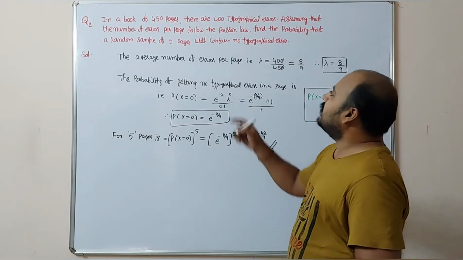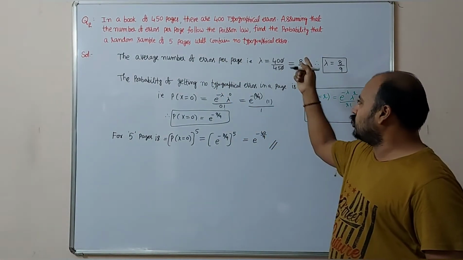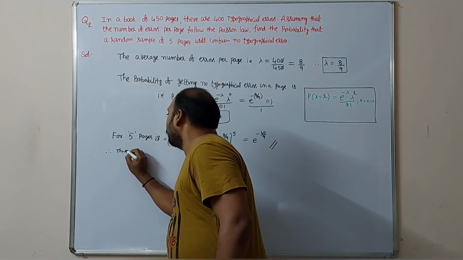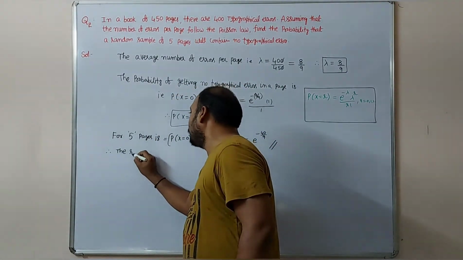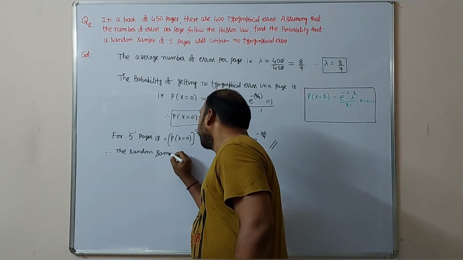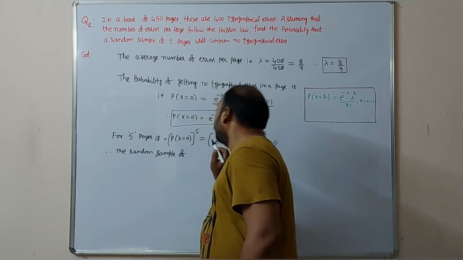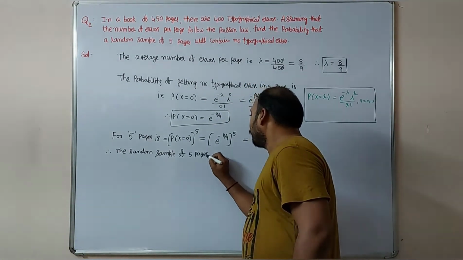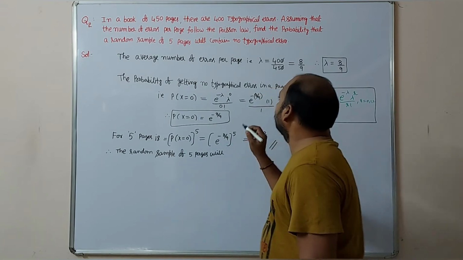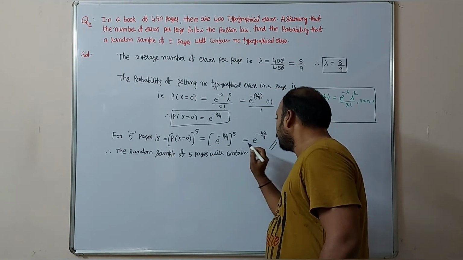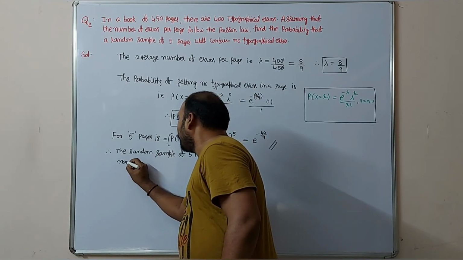Therefore, conclusion step: the random sample of 5 pages will contain no typographical errors with this probability.